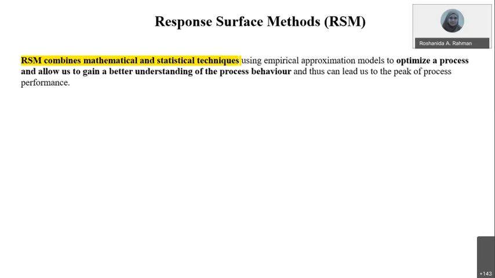It's just a part of your statistical analysis for the process. Okay, because you want to understand the process behavior, what is happening to your process or your system, then you can proceed for further improvement.